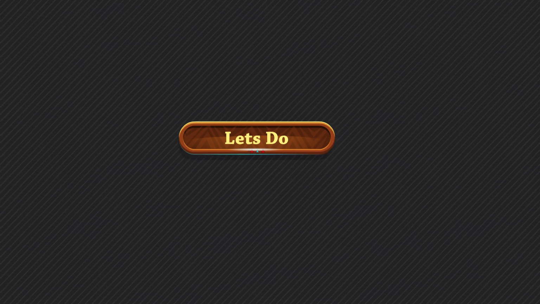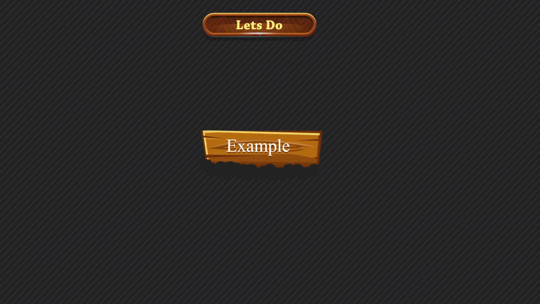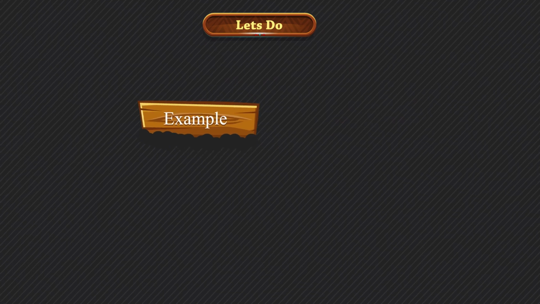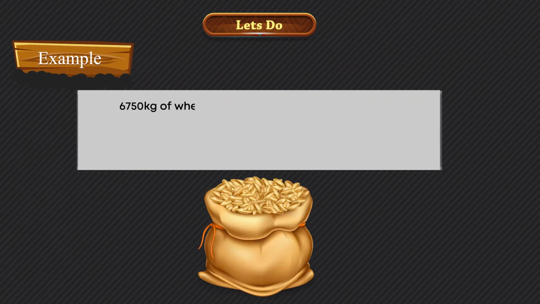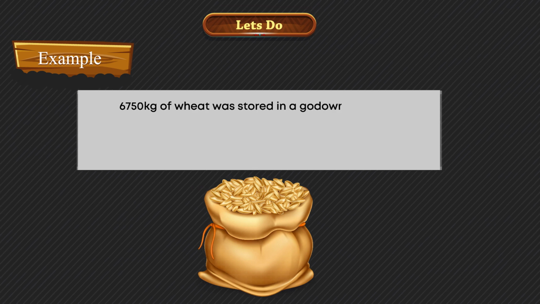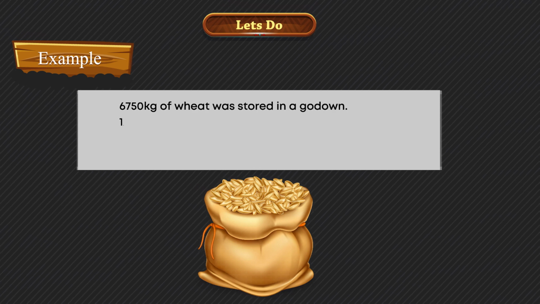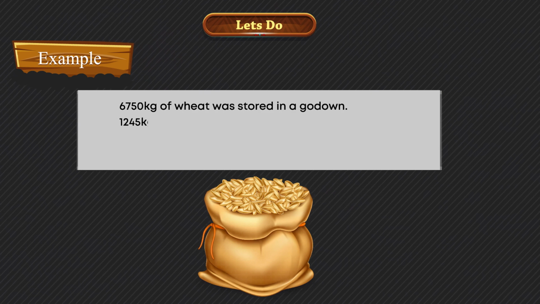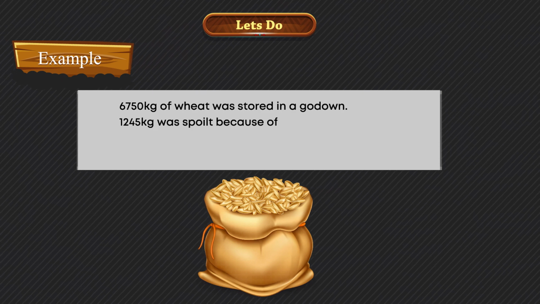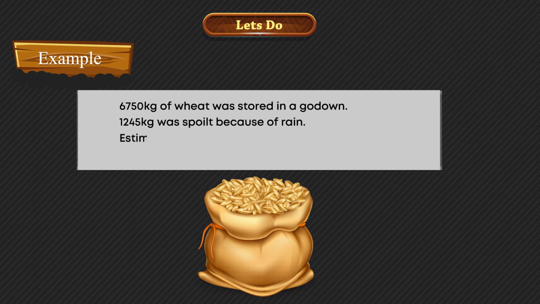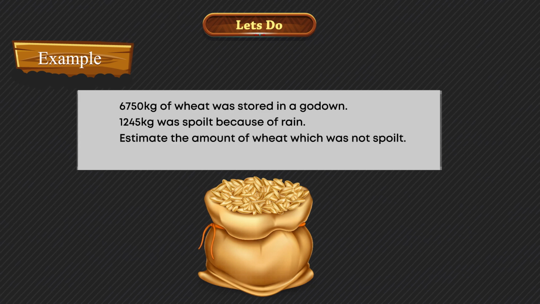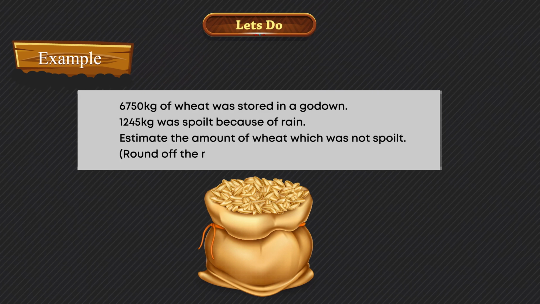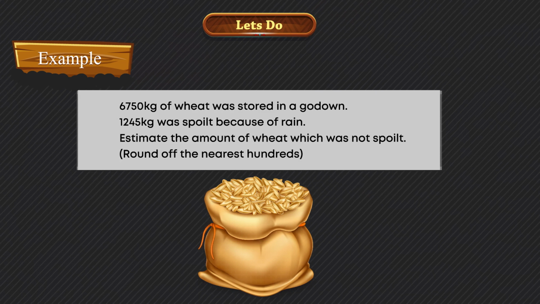Let's do. Example. 6,750 kilograms of wheat was stored in a godown. 1,245 kilograms was spoilt because of rain. Estimate the amount of wheat which was not spoilt. Round off to the nearest hundreds.